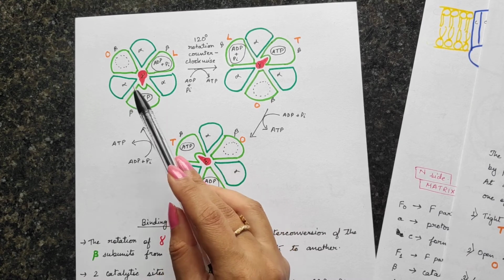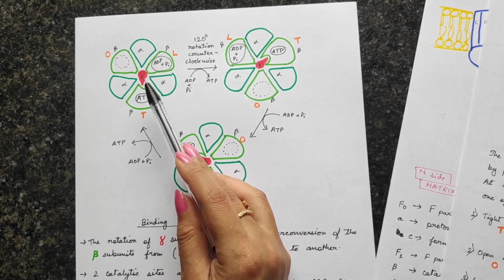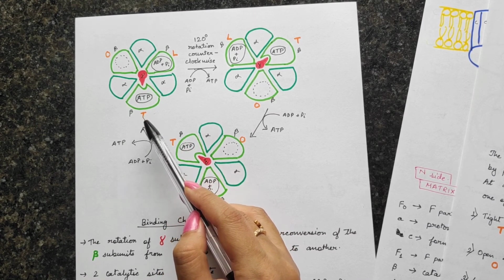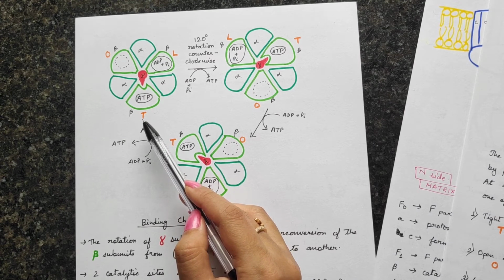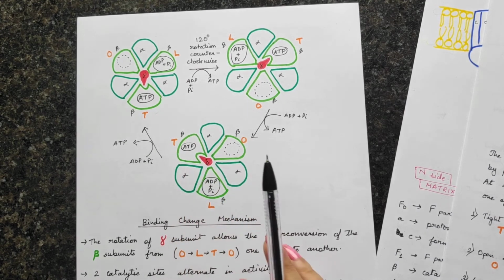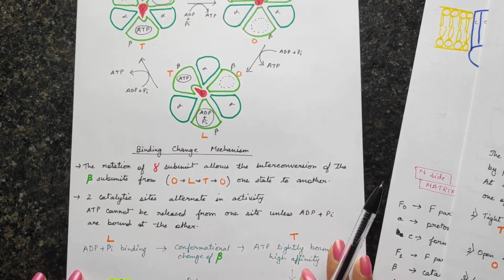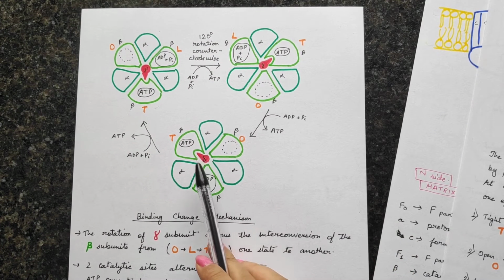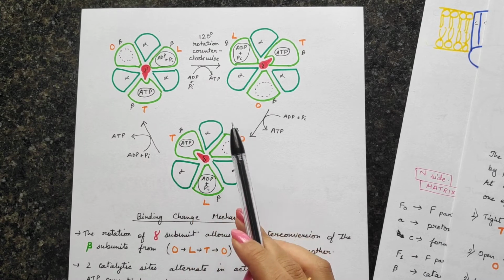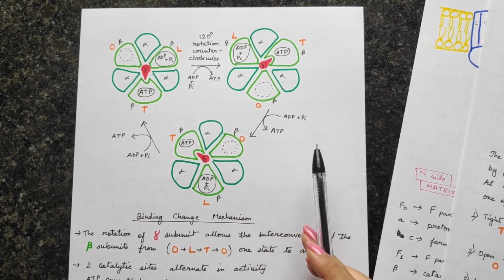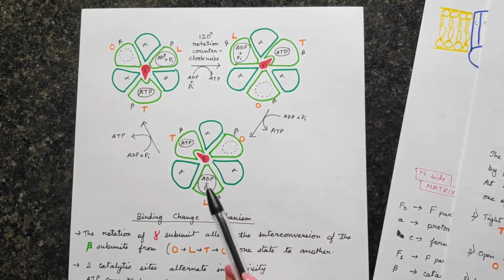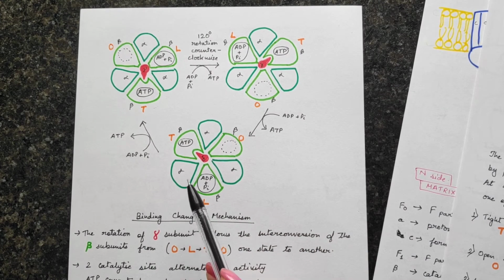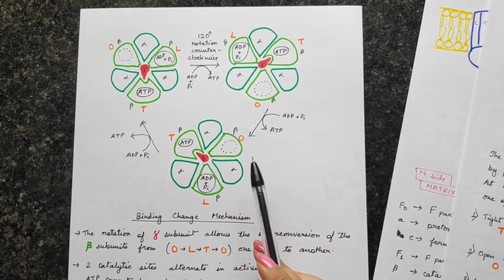So we can say that whenever the gamma subunit faces one particular beta subunit, it changes into tight conformation. This is called the binding change mechanism, because as the gamma changes its binding with a different beta subunit, the beta subunit keeps on changing its conformation, and therefore it keeps on changing its function accordingly.